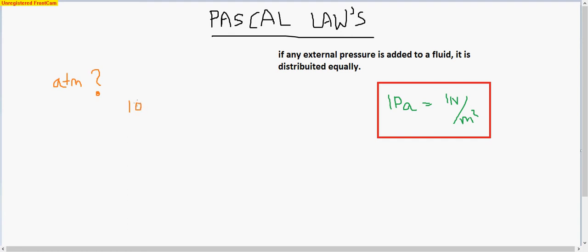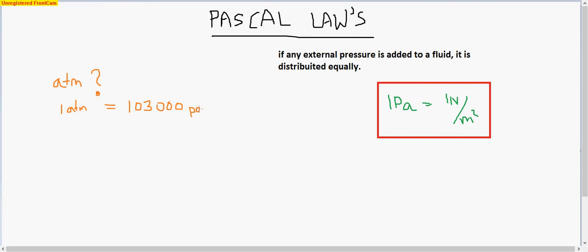I'll write it down. 1 ATM is equal to 103,000 Pascals.